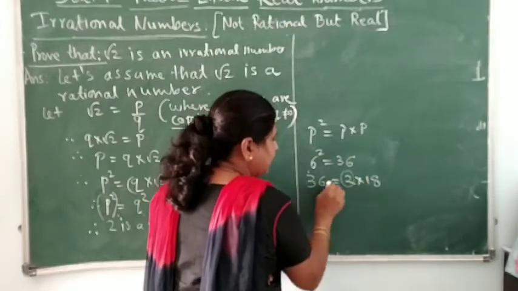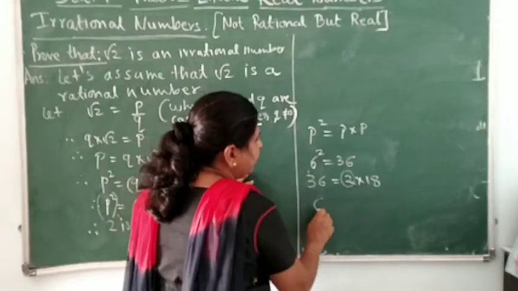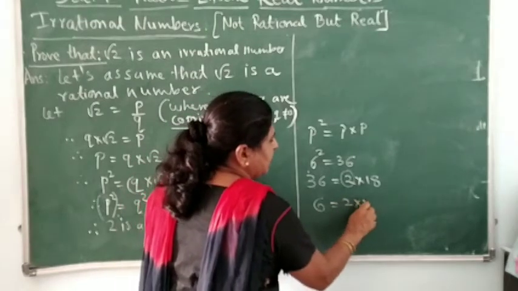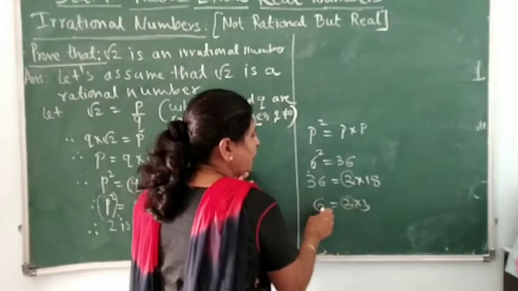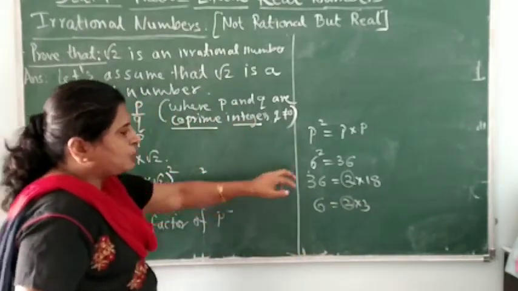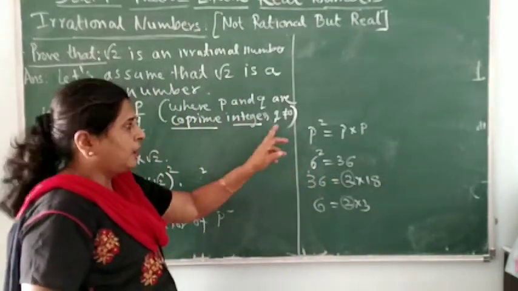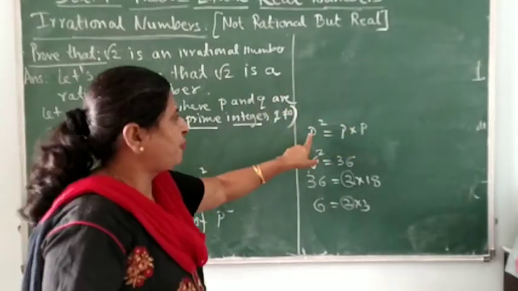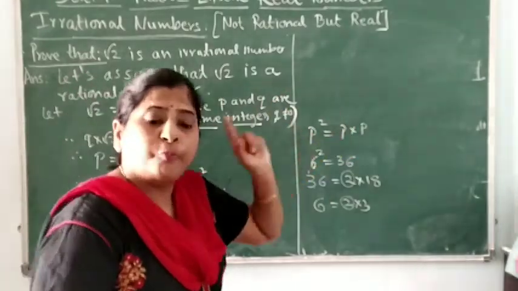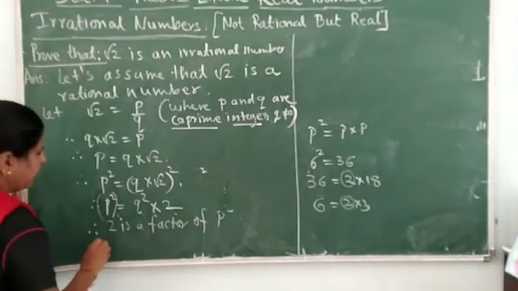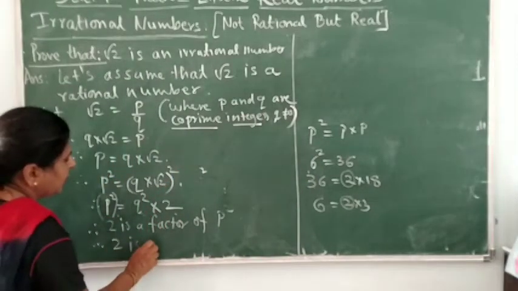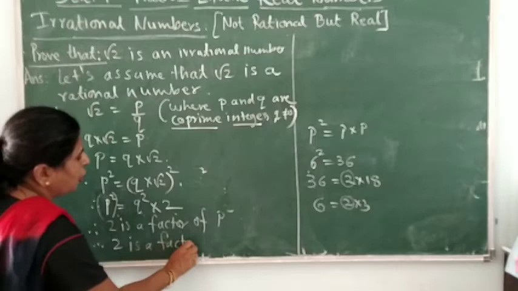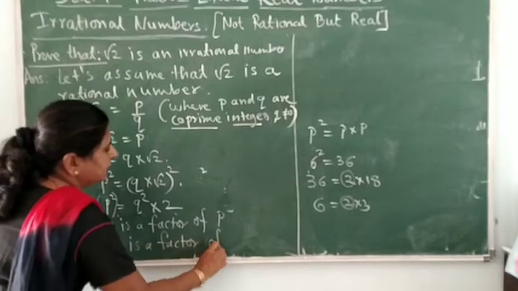So if 2 is a factor of 36, and we can write 6 as 2 3s are, correct? So 2 is a factor of 6 also. So if 2 is a factor of p square, 2 is a factor of p also. So from this we can write, therefore 2 is a factor of p.